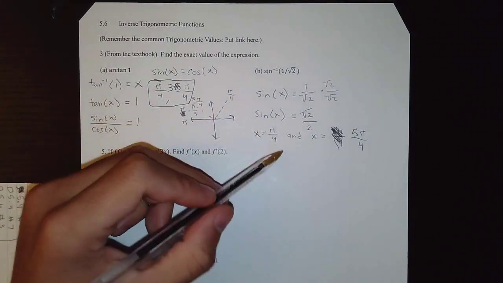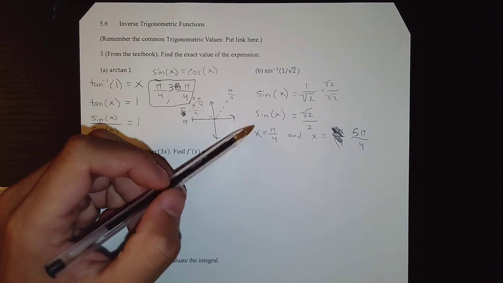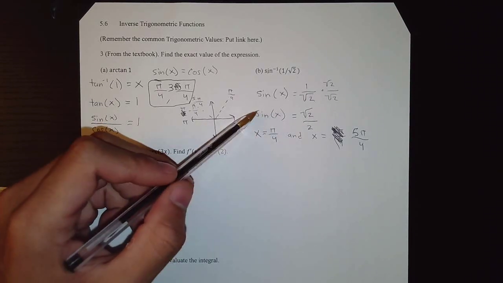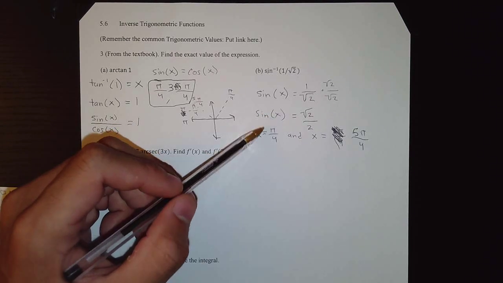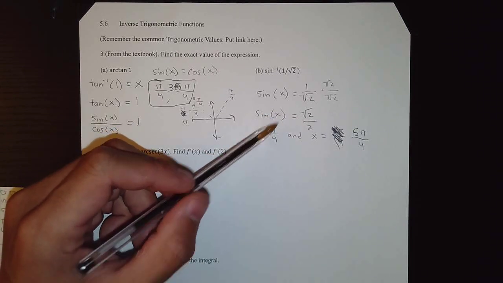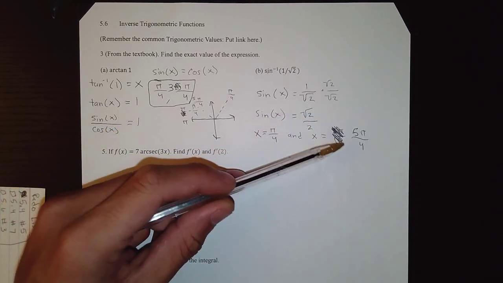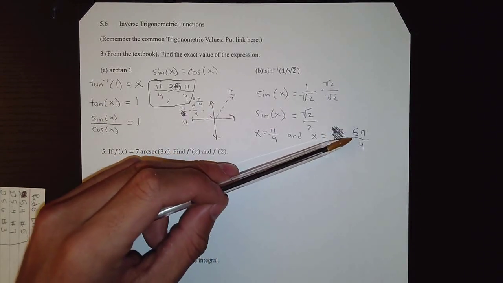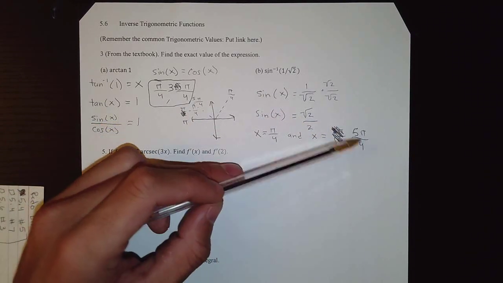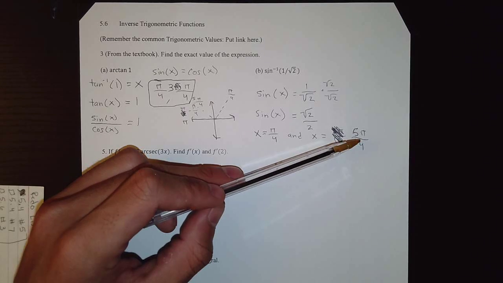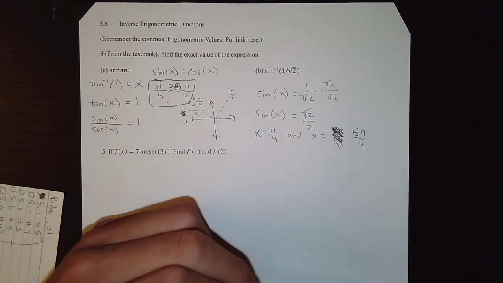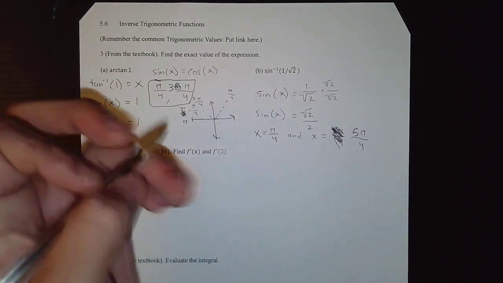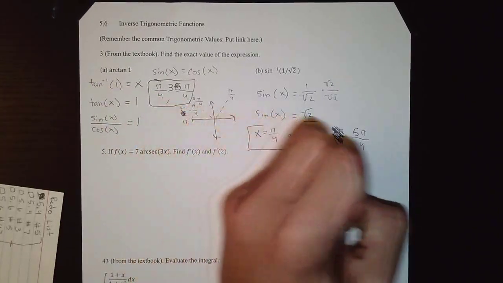I'm sorry, because this is the first increment. The period of sine x is 2 pi, but whenever it keeps the same positive value, it's 180 degrees. And so 180 degrees is equivalent to adding pi to this. And that's what we did in this case. And so these would be our two solutions.